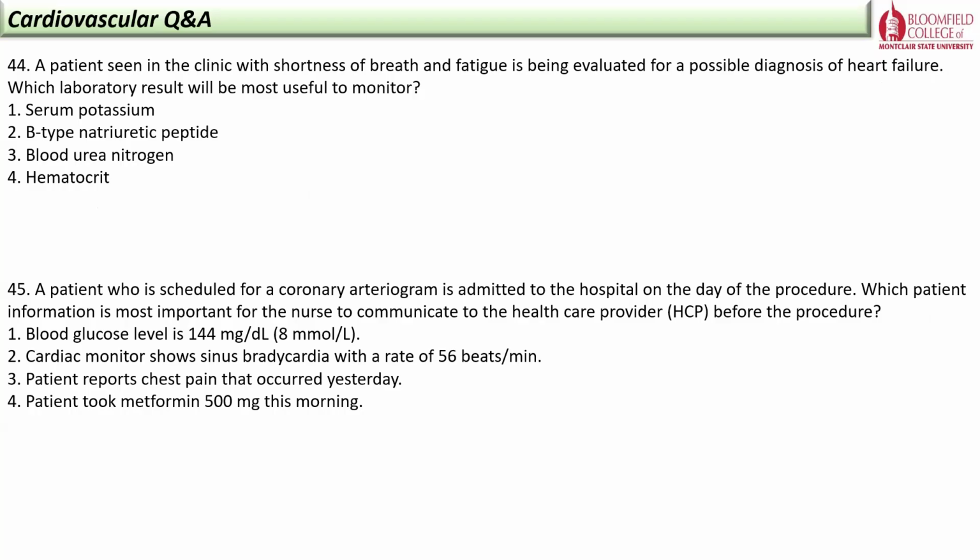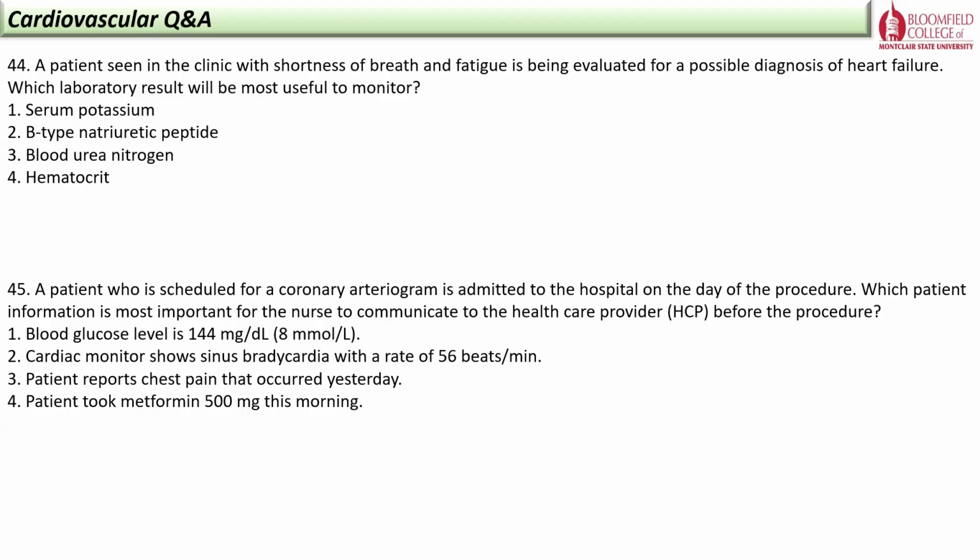44. A patient seen in the clinic with shortness of breath and fatigue is evaluated for a possible diagnosis of heart failure. Which lab result will be most useful to monitor? So number 2, BNP. BNP, like troponin, which is always the correct answer for the confirmed diagnosis of acute MI. It's the same thing here, a similar scenario.